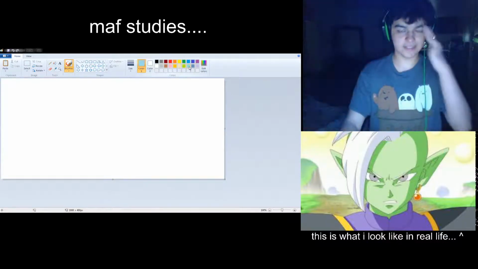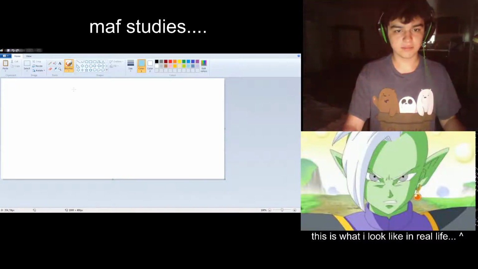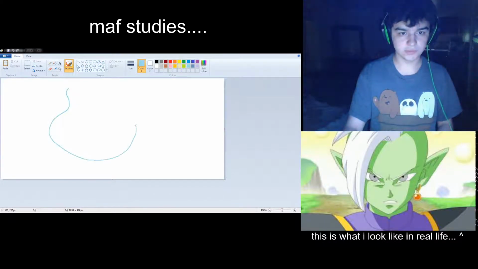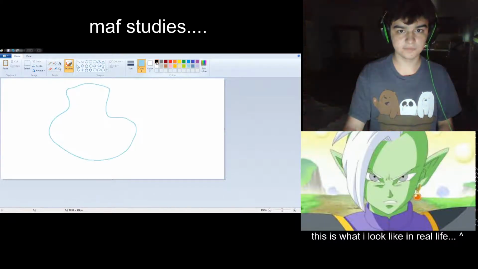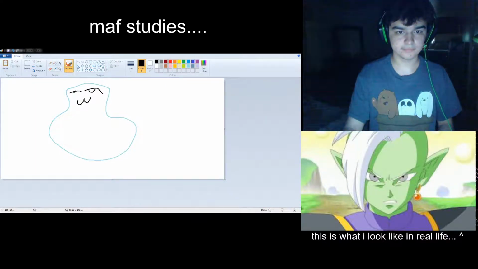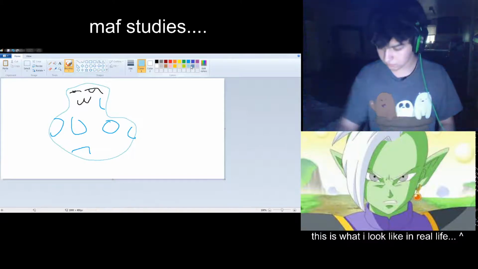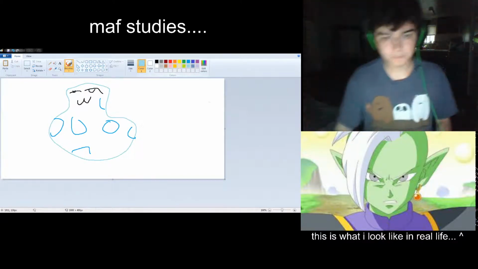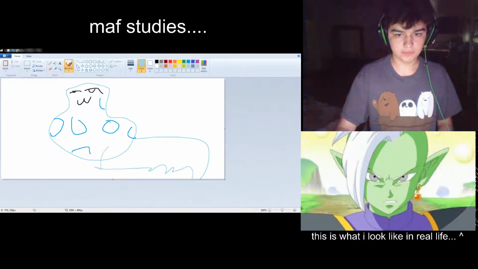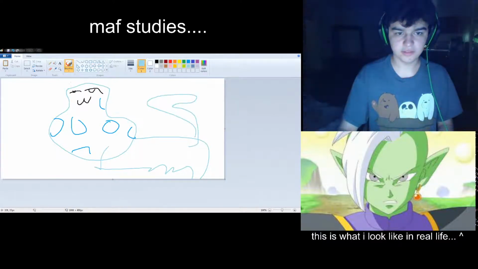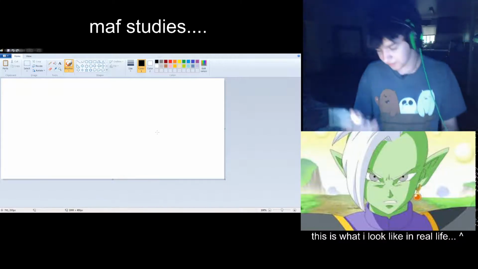Alright, since you're taking so long, I'll do a portrait of Blue from Blue's Clues. These are his blue specs. Is that it? Okay. That is Blue from Blue's Clues. Do not steal.